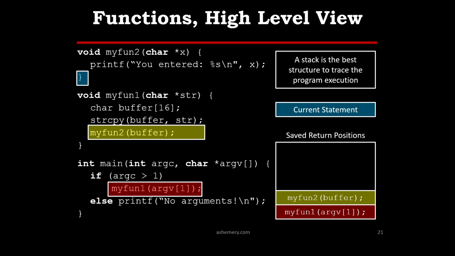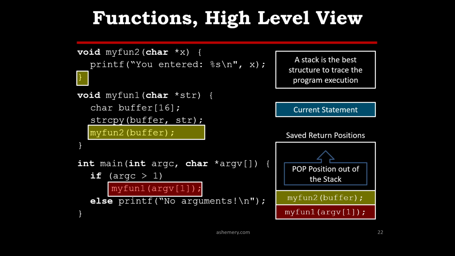Where are we going to go back? Now the stack will be used to understand where I was and how I can continue from where I left off. So we are going to pop out the position which is now on the stack. And as you can see, the top value on the stack was the previous function we were executing.